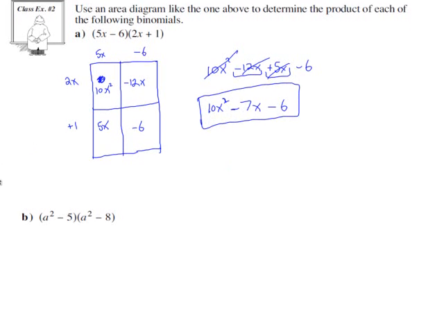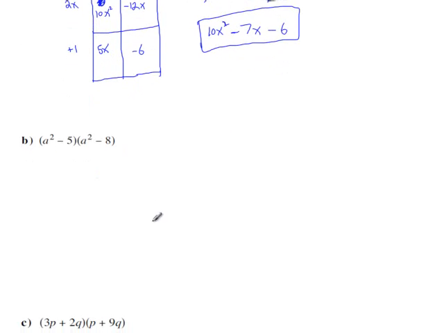Okay, next question. Same thing here. Choose one of these brackets to be the length of the rectangle, one to be the width. So I'll choose a squared minus 5 to go on top.